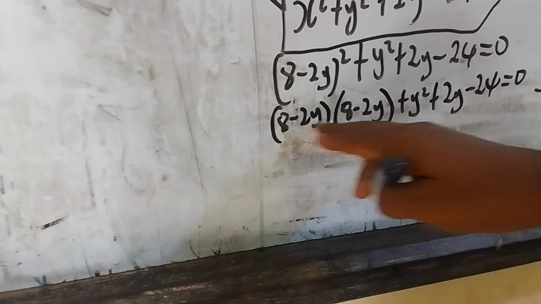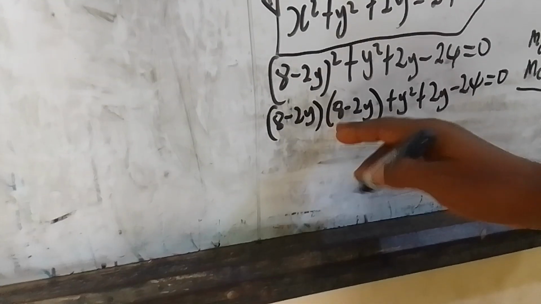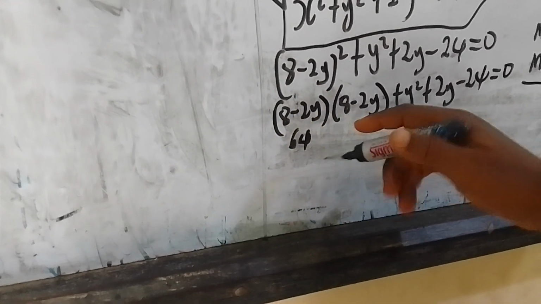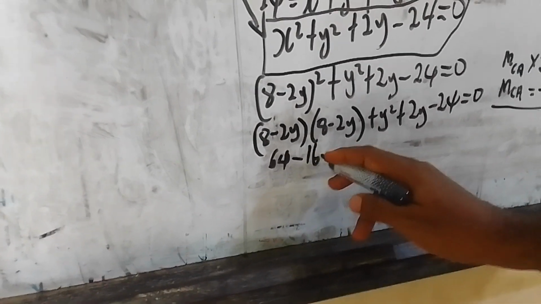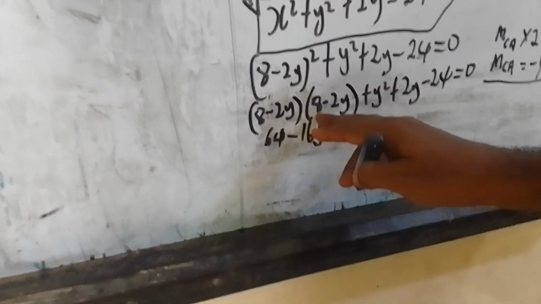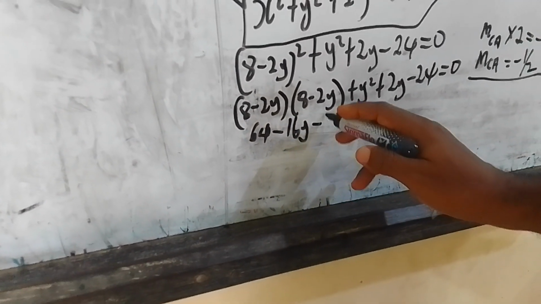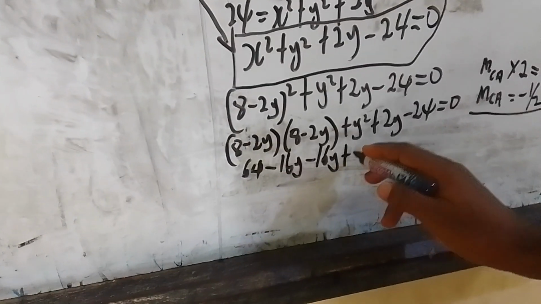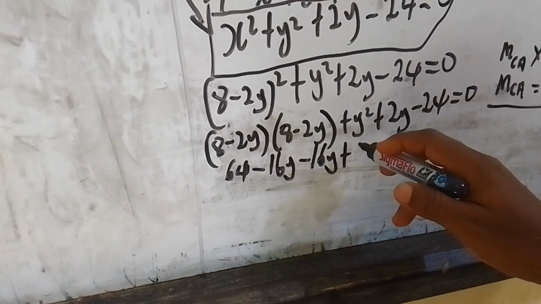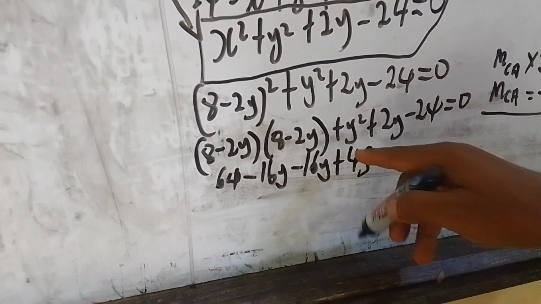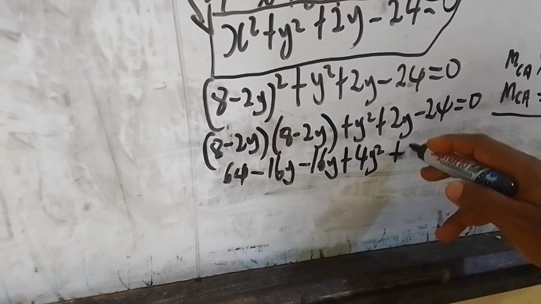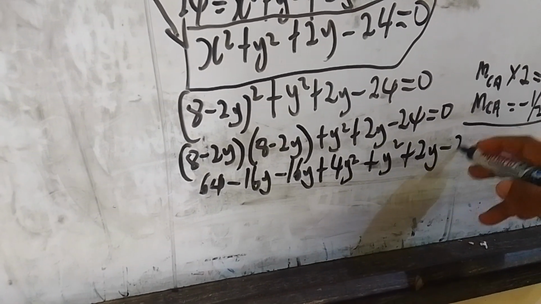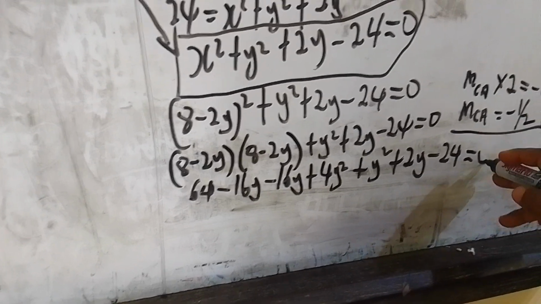Now we use this 8 to multiply everything here. 8 times 8 gives us 64. 8 times minus 2y gives us minus 16y. Minus 2y times 8 will give us minus 16y again. Minus times minus gives us plus. 2y times 2y will give us 4y squared. Then combine with this, that is plus y squared plus 2y minus 24 is equal to 0.